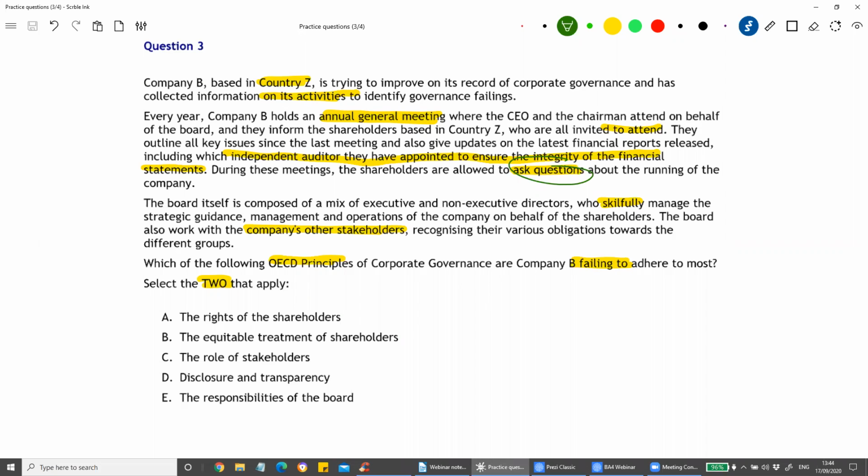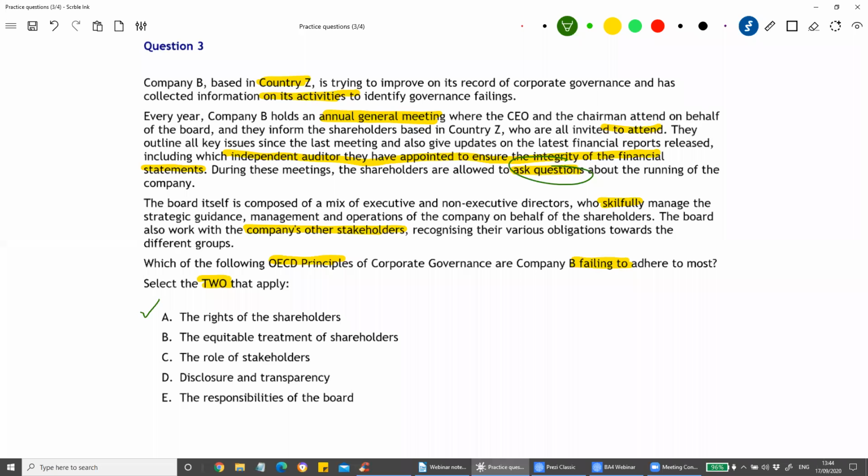But we see no mention that actually shareholders are allowed to vote on anything. And that means their rights aren't being given by the organization. The lack of input into the company is a breach of the rights of the shareholders. So I'm pretty confident this is the right answer. So I'm going to put a tick here, but obviously I've still got to find one more answer and I've got to make sure that I'm right.